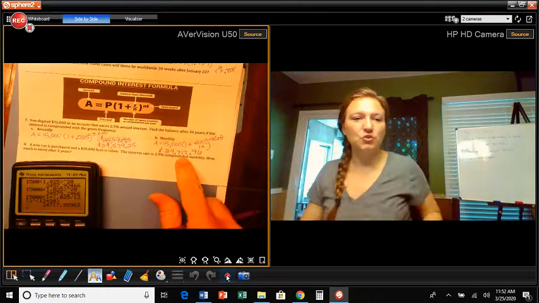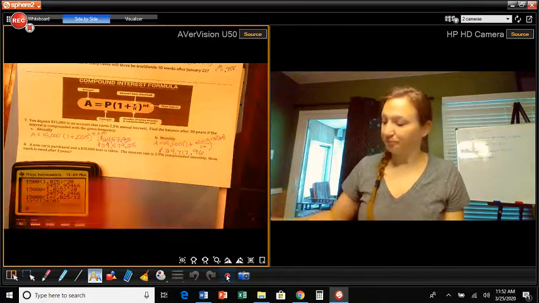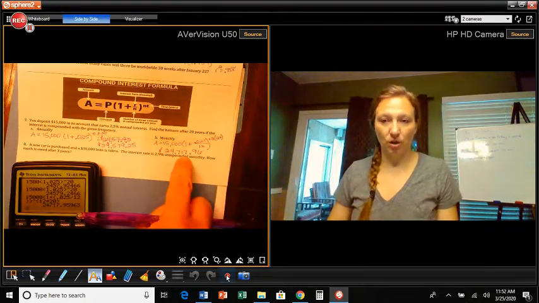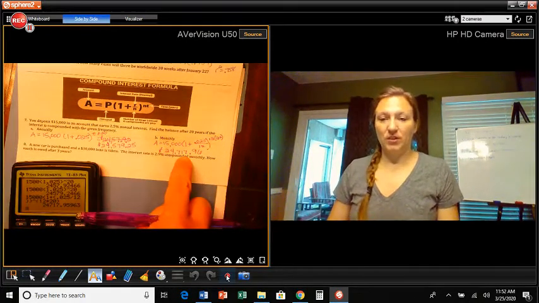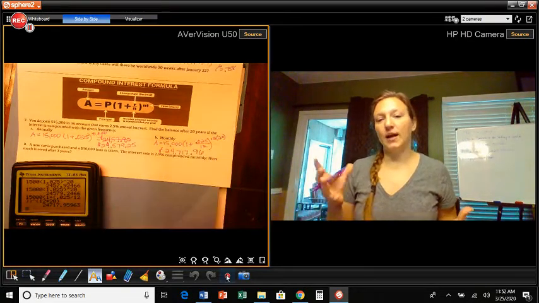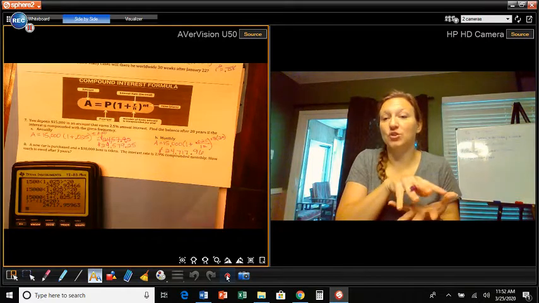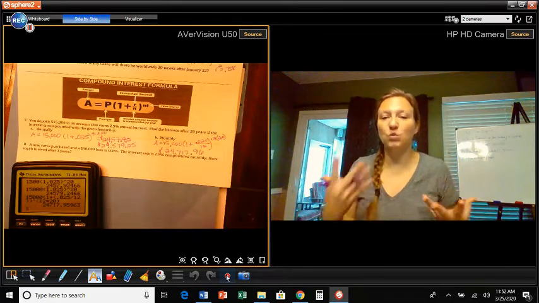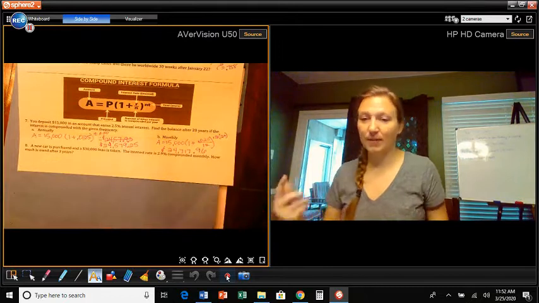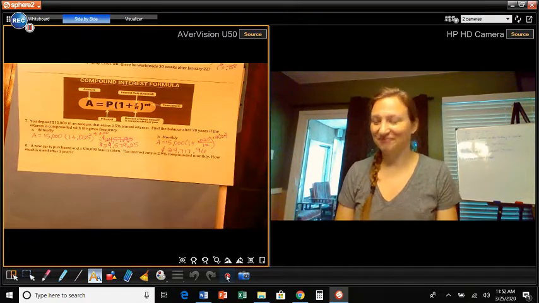So when you compare those two numbers, you can see it's slightly more when it's compounding monthly. That is because each month, it's collecting the interest, and now we're calculating the interest on a larger amount. So that's why it's going to come out to be a larger amount.